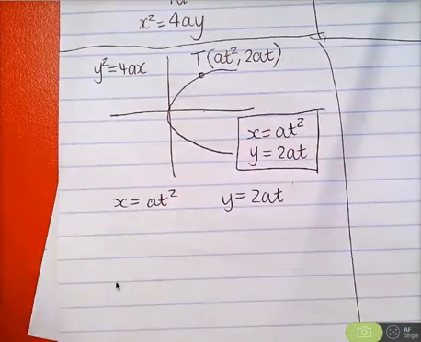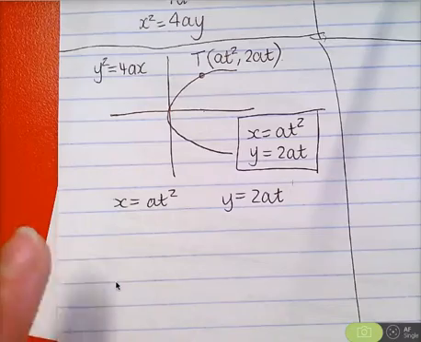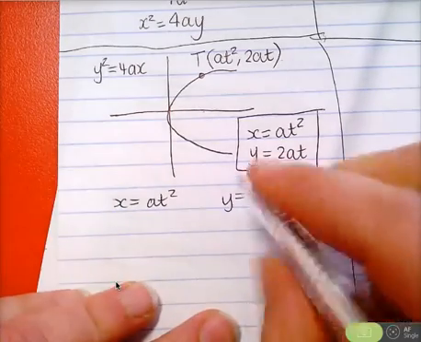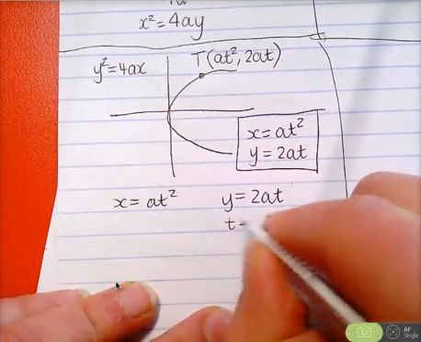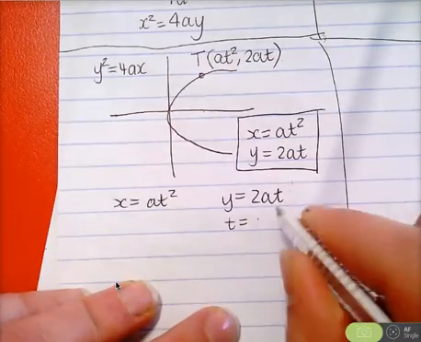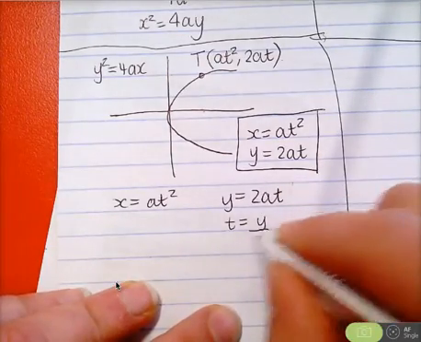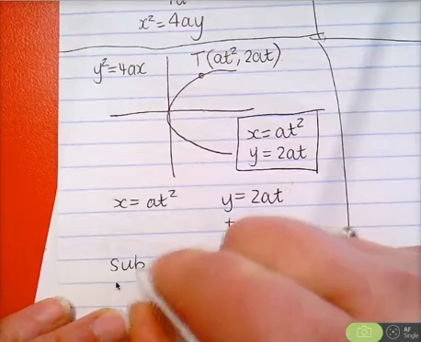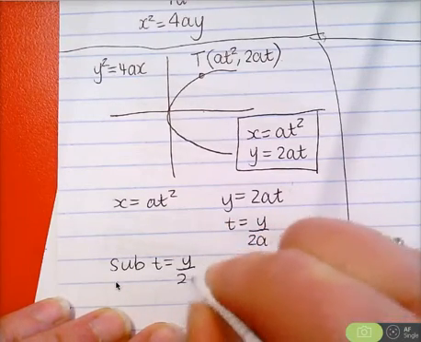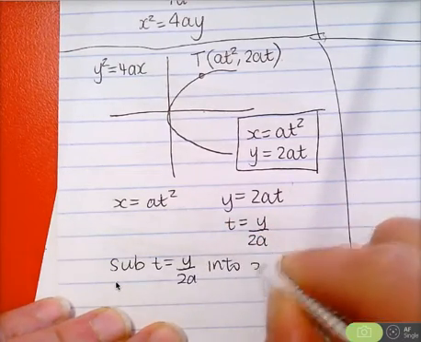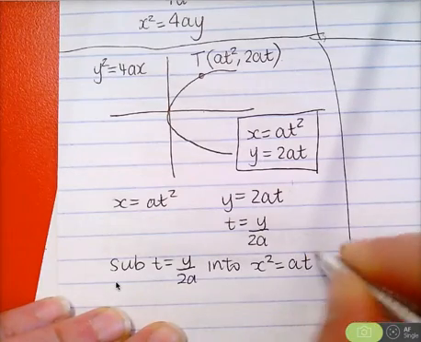Which one do you think I should rearrange? Because I do not want the square root with the x one. So let's rearrange the y equation and get that t is what? y on 2a. Yep, and we're going to substitute t is y on 2a into x is at squared.